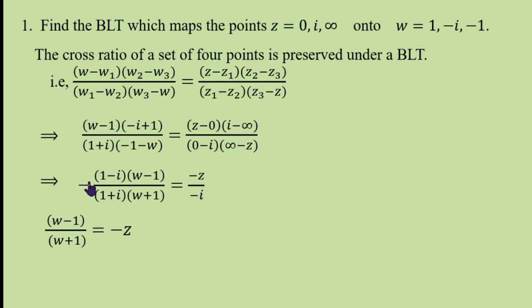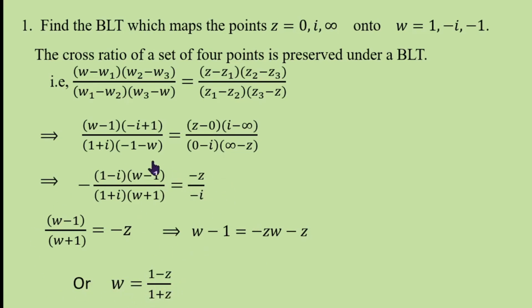So minus i square is 1. 1 into (W minus 1) by (W plus 1) equal to minus Z. Or W minus 1 is minus Z into W minus Z, and W plus WZ, or W into (1 plus Z) equal to 1 minus Z. W into (1 plus Z) equal to 1 minus Z. Therefore W is (1 minus Z) by (1 plus Z).